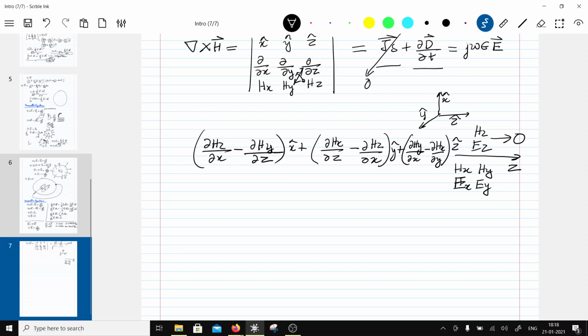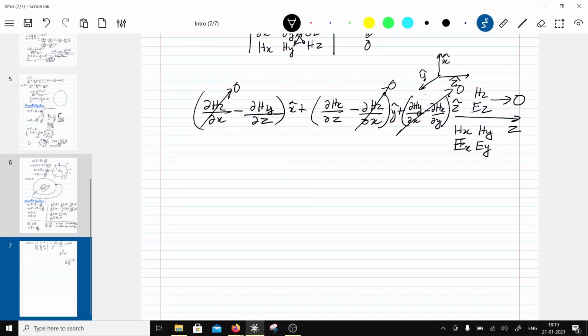So this is going to be that term. In this case, I told that z component is gone, so this z component is gone, and then there is no variation along x and y, because this is a charge free medium. So this entire term is 0, right?